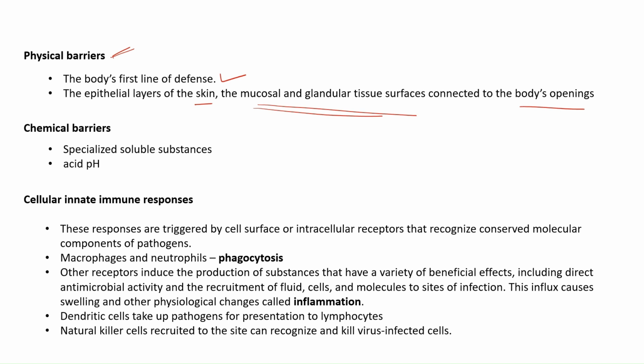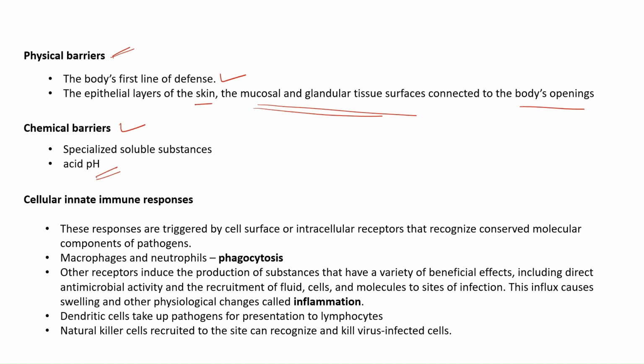Apart from that, we have some chemical barriers. Chemical barriers means our body produces some chemicals which help to protect ourselves from pathogens. For example, our skin is slightly acidic in nature. This acidic pH of the skin or vaginal opening helps to prevent the entry of pathogens from these areas.